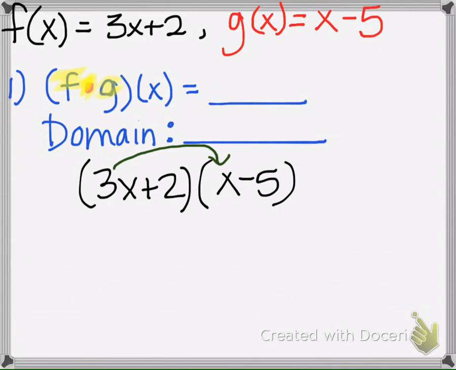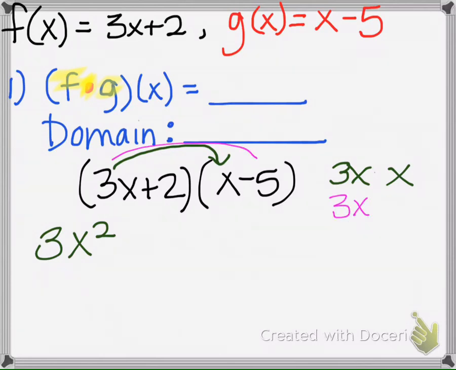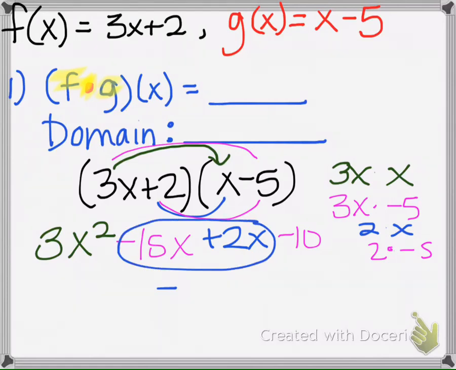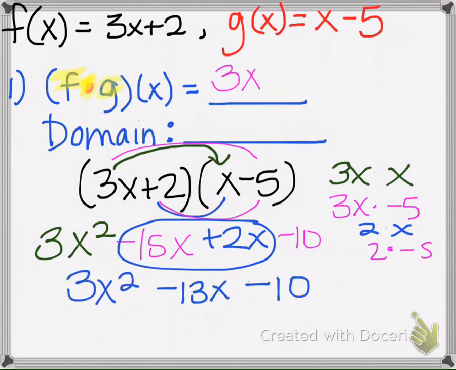So I'm going to do 3x times x and then 3x times negative 5, 2 times x, and then 2 times negative 5. Combine like terms. So we get our answer of 3x squared minus 13x minus 10.